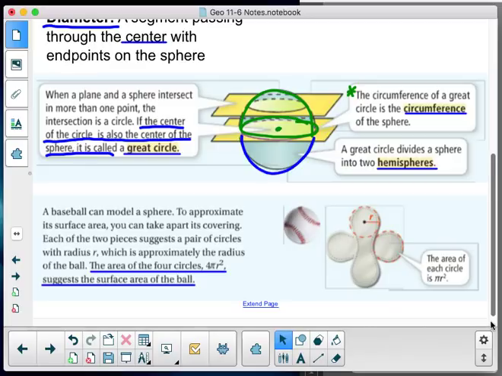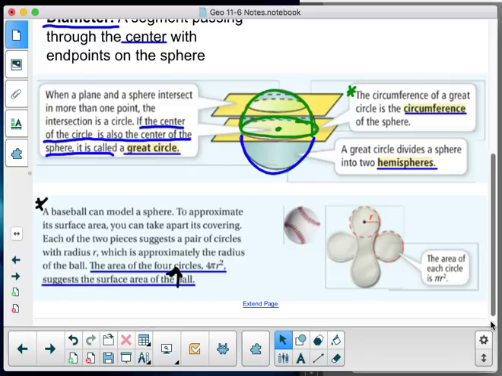Now, a baseball can model the sphere. To approximate its surface area, you can take apart its covering. These are the coverings from our baseball, and there isn't any overlap. Each of the 2 pieces suggests a pair of circles with radius r, which is approximately the radius of the ball.